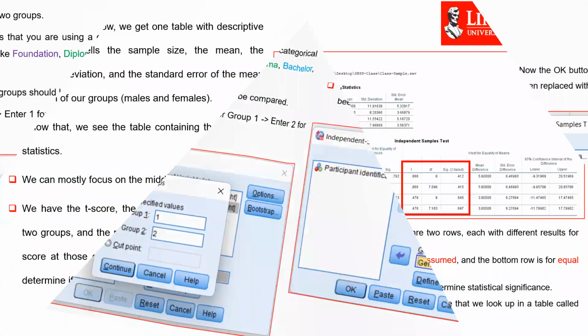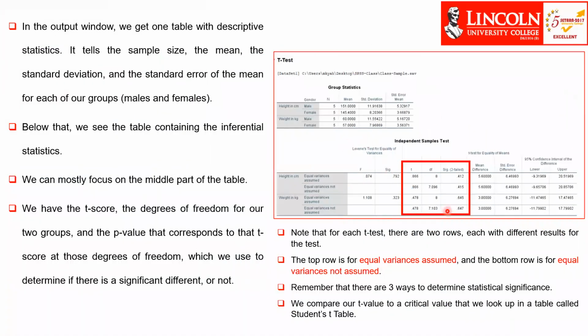Once you click on OK, your output window will display. So we get one table with descriptive statistics, which is always at the top. It tells the sample size, the mean, the standard deviation and the standard error of the mean. Now below that, we see the table containing the inferential statistics.